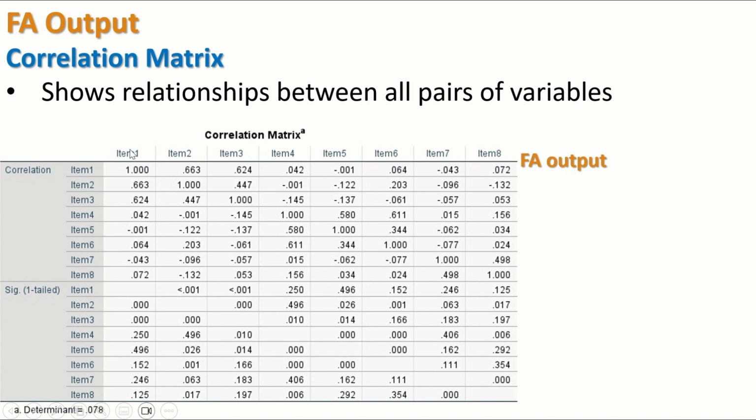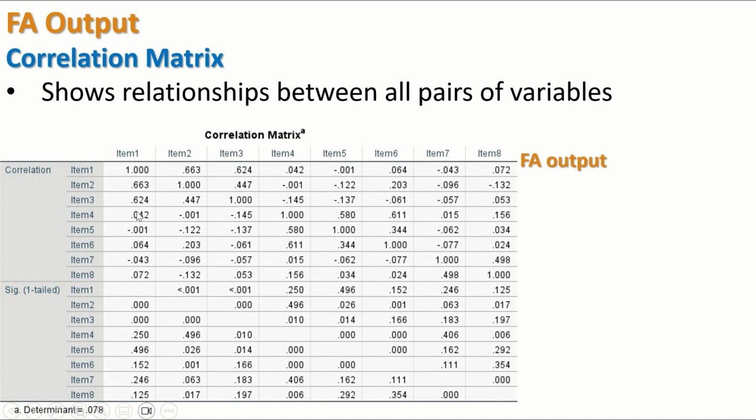As shown here, item 1 with item 1 has a perfect correlation. Item 1 with 2, the correlation value, which is the R value, is 0.66, and for 1 and 3 is 0.62, and 1 and 4 is 0.042. So there is a correlation between item 1 and 2. Between item 1 and 4 there is a weak correlation.